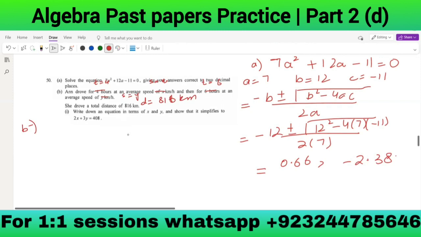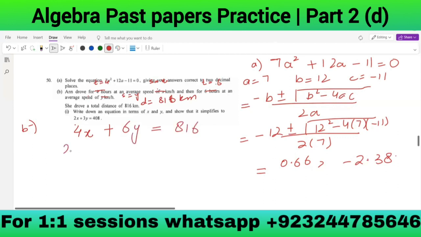Now they're asking, write down an equation in terms of x and y that simplifies to this. So first of all, we have to write an equation and then we will see how it simplifies. She travels 4 hours at an average speed of x. Distance is equal to speed into time, so she travels 4 into x. And she travels 6 hours with y speed, so 6y, and the total distance she travels is 816.